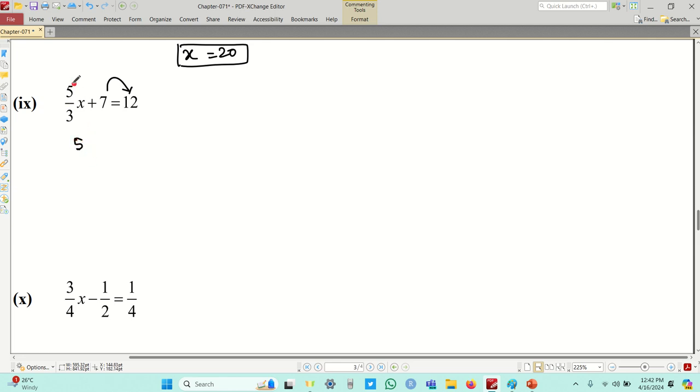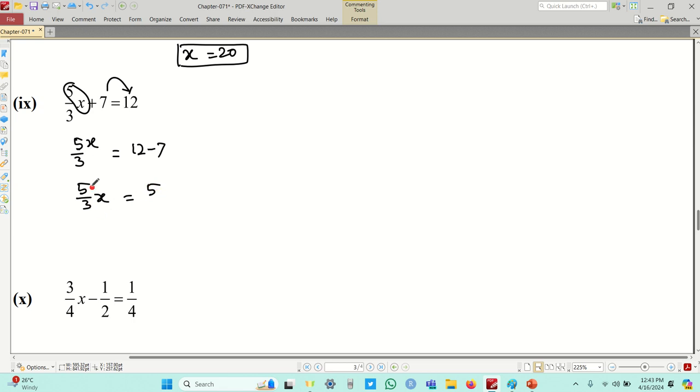And one more thing, you can write these together: 5 into x, you can write 5x by 3. There is no problem. So 12 minus 7. This plus 7 changes into minus 7. Now 5 by 3 x equals how much? 12 minus 7. It is 5.